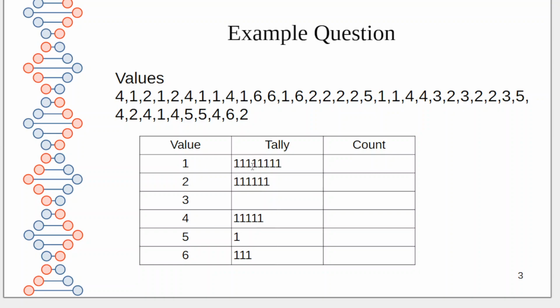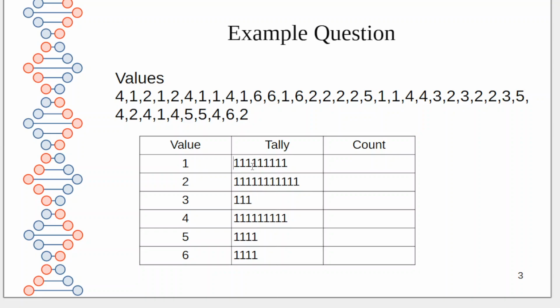So you can see I'm putting the tallies in as I go along. A 3, a 2, a 3, a 2, a 2, a 3, a 5, 4, 2, 4, a 1, 4, 5, a 5, a 4, a 6, and a 2. So you can see that is a little bit tedious.